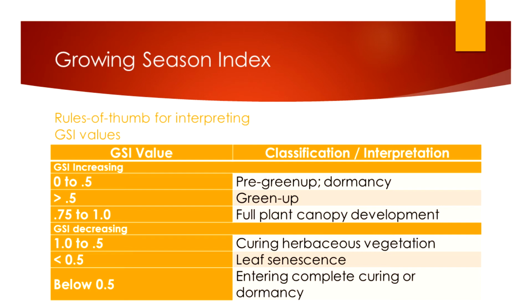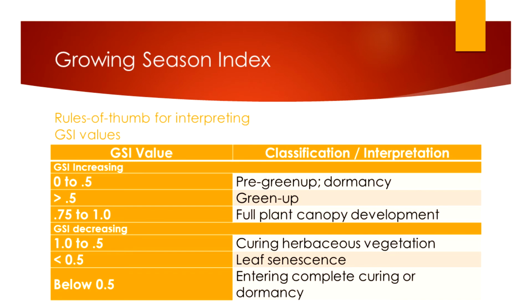If we look at how we interpret these things, as GSI goes from 0 to 0.5, we're in basically a pre-green condition. Plants are still dormant or coming out of dormancy, but they haven't greened up yet. So as the GSI exceeds 0.5, plants green up, and between about 0.75 to 1, plants reach their full canopy development.